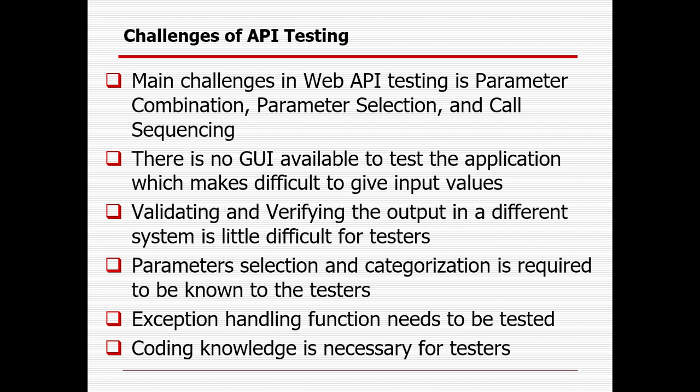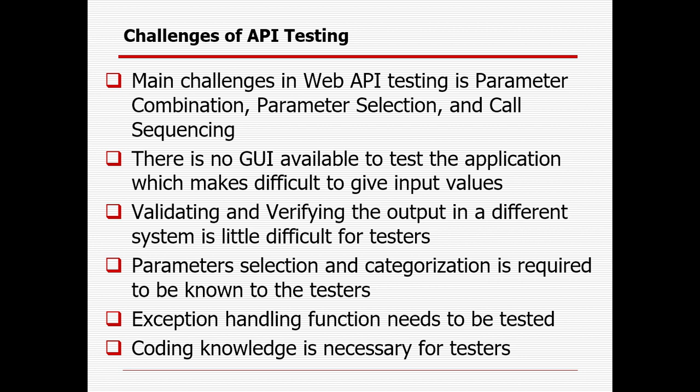The main challenges in web API testing are parameter combination, parameter selection, and call sequence. There is no GUI available to test the application, which makes it difficult to give input values. Validating and verifying the output in a different system is a little difficult for the tester. Parameter selection and categorization is required to be known to the tester.